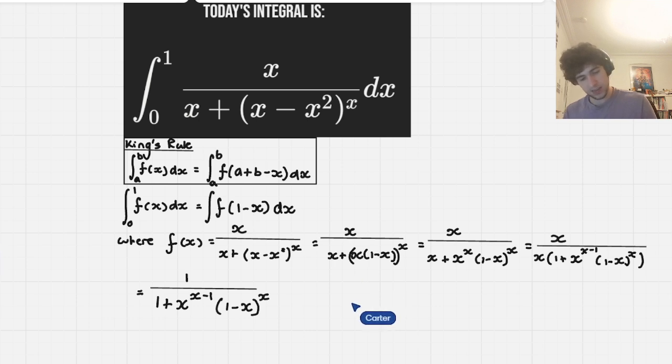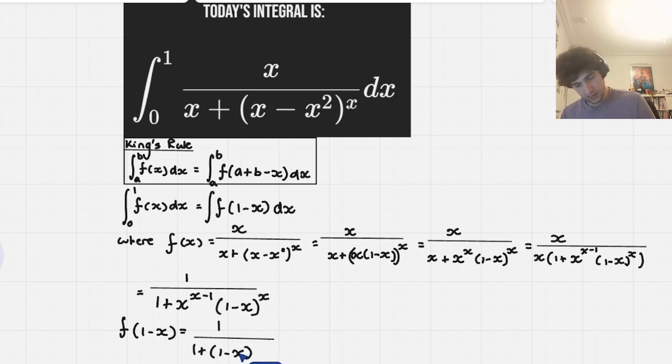If I replace my x in here with a 1 minus x, what do I get? f of 1 minus x is equal to 1 divided by 1 plus 1 minus x to the power of 1 minus x minus 1, which just gives minus x. So we have 1 minus x to the power of minus x, multiplied by 1 minus x, that's just x, to the power of 1 minus x.